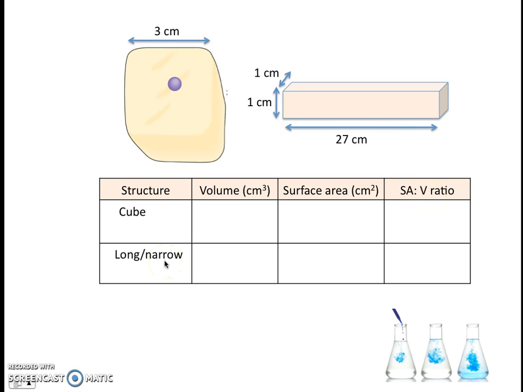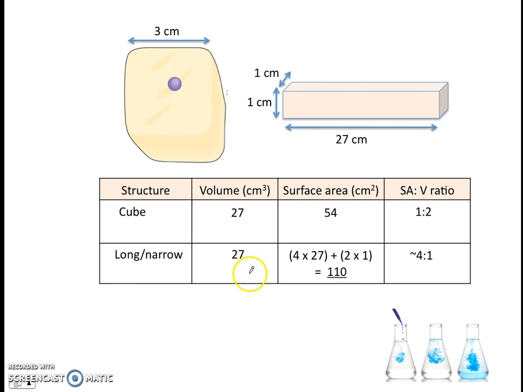Alright, great job. Now what you should have gotten are these values. So check your answers. And to get the one for the long and narrow rectangle, you just have to calculate 4 of these rectangular faces, which is 27, and 2 of the square faces at each end. So you add up, it gets about 110. And do you see the pattern?